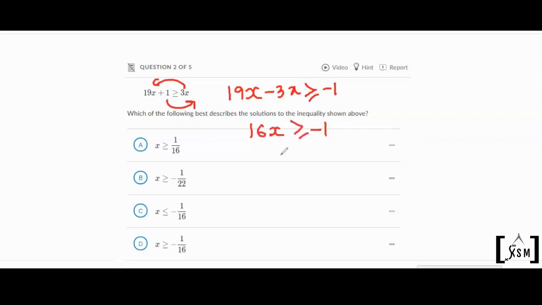So x is greater than equal to negative 1 divided by 16. Please understand, guys, this time 16 is a positive number. I am bringing in division. So no change in inequality direction. So the correct answer is x is greater than equal to negative 1 over 16. Option D should be the correct answer.